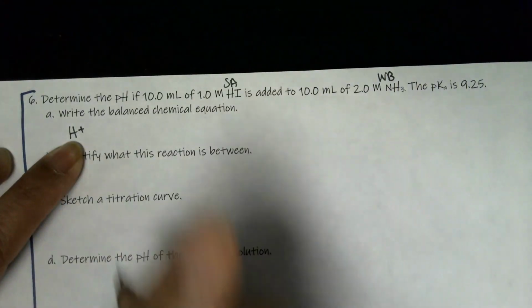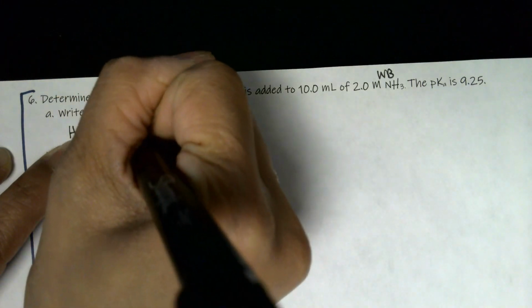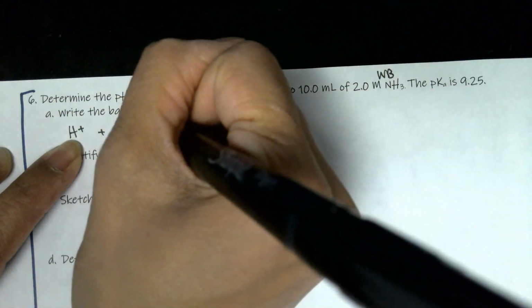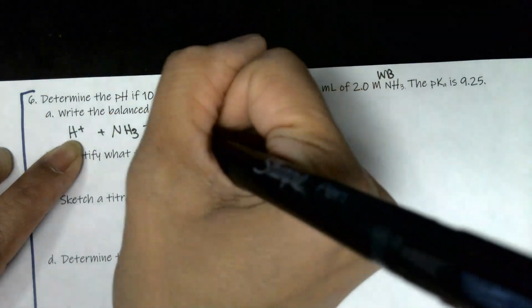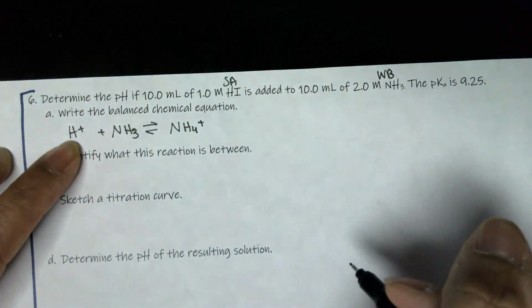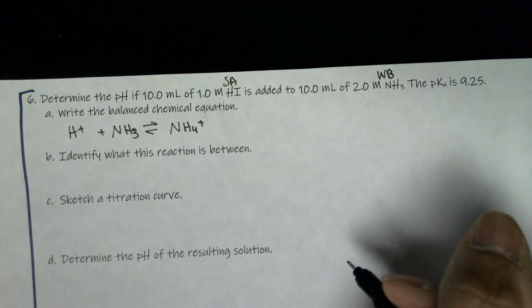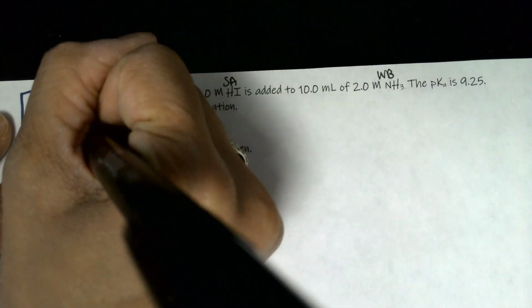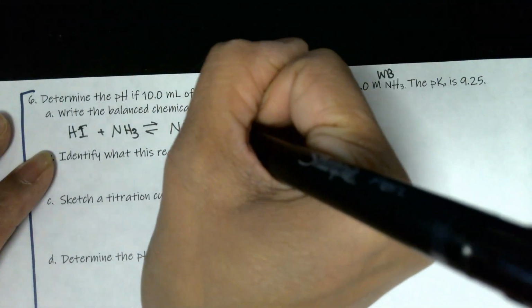So we've got H plus, NH3, and then that is in equilibrium to end up producing NH4 plus. Actually, I'm sorry. Let me just do the spectator ions in there.